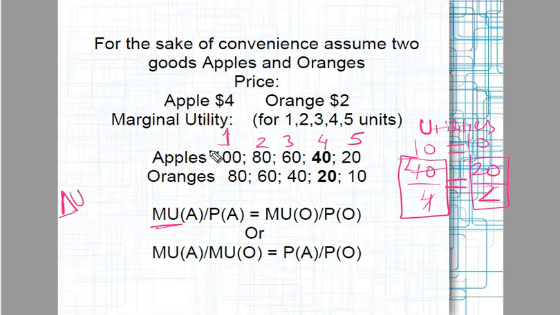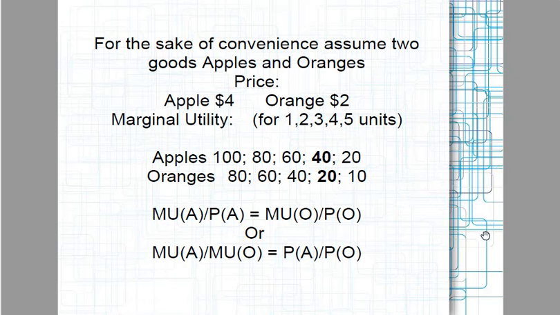So whatever the marginal utility of apples may be, the money will be divided in such a way that the marginal utility of apples divided by its price and the marginal utility of oranges divided by its price will be equal. So that's the last idea we're going to explore in this lecture.